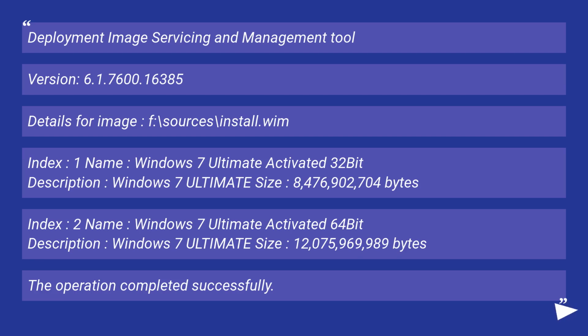Description Windows 7 Ultimate, size 8,476,902,704 bytes. Index 2, name Windows 7 Ultimate activated 64-bit. Description Windows 7 Ultimate, size 12,075,969,989 bytes. The operation completed successfully.